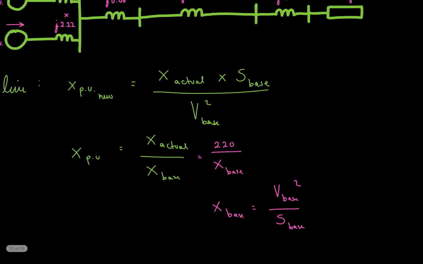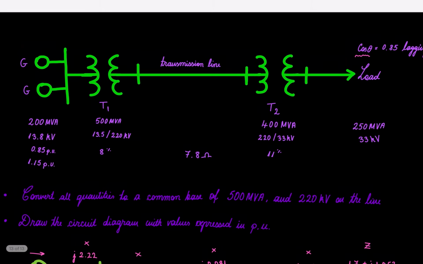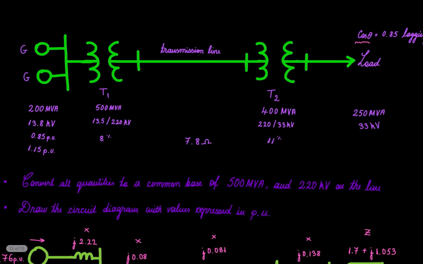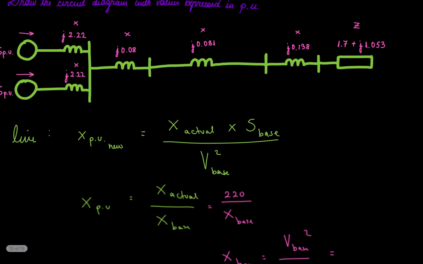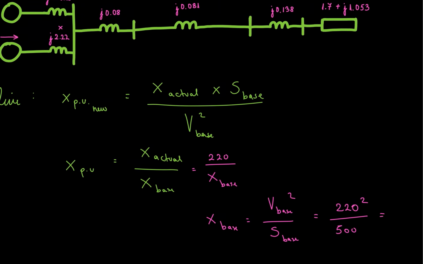We know the voltage base is going to be for the line, what is it? 220. And the S base, common base, 500. So we can simply do 220 squared over 500 and you get 96.8 for X base.